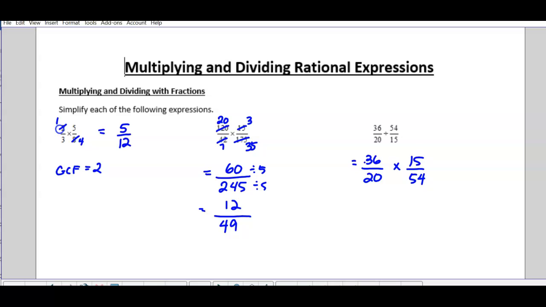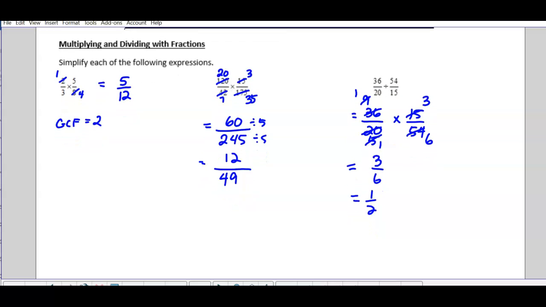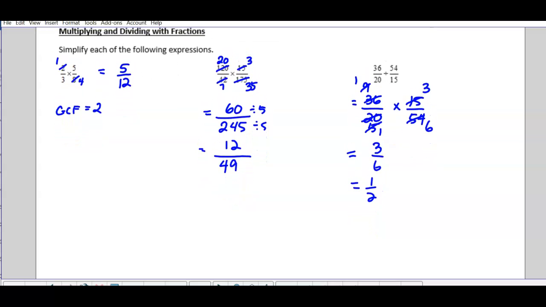Well, for sure, 4 goes into this 9 times, into this 5 times. 5 goes into itself once, into 15 3 times. And 9 goes into 54 6 times. So from that, I get 3 over 6, which is 1/2. So I can divide the 3 and the 6 right away as well. Sometimes with numbers, you're going to do it more than once just to keep track of what's happening.